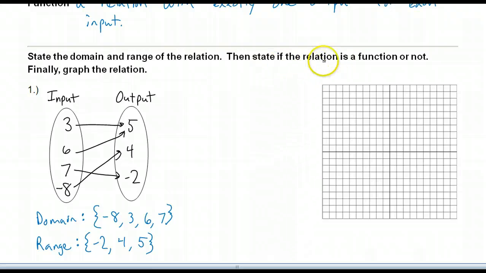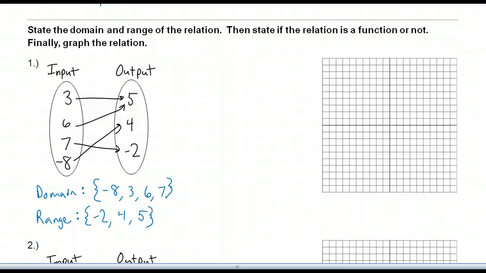Now I need to decide if the relation is a function. To decide if this is a function or not, I need to look at how the inputs go to the outputs. 3 is mapped to 5, 6 is mapped to 5, 7 is mapped to -2, -8 is mapped to 4.